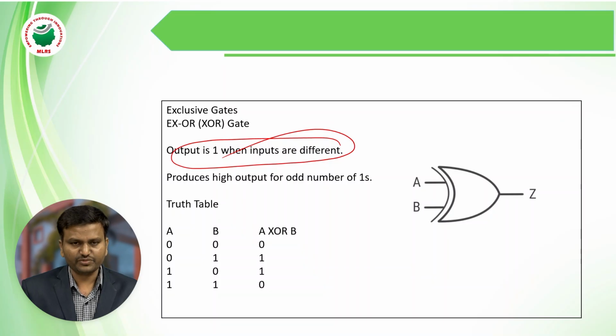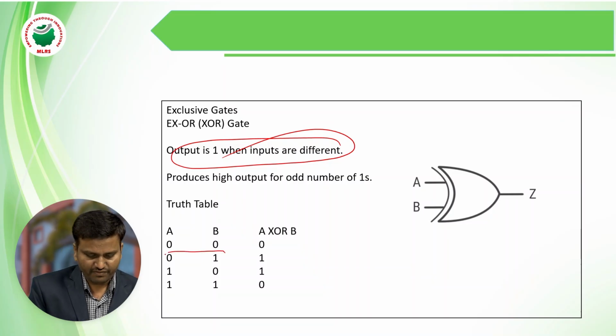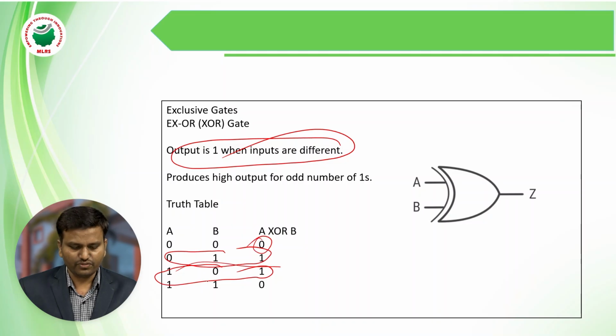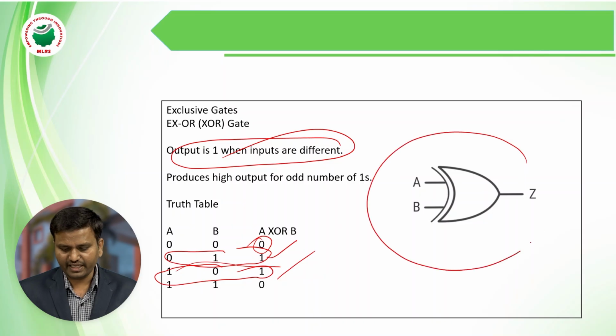Here we have to mainly observe this: 0 1 gives 1 and 1 0 gives 1. In the remaining states we are getting zeros, like two zeros give 0, two ones give 0. When the two inputs are different, then it will become 1. The gate will be represented as here.